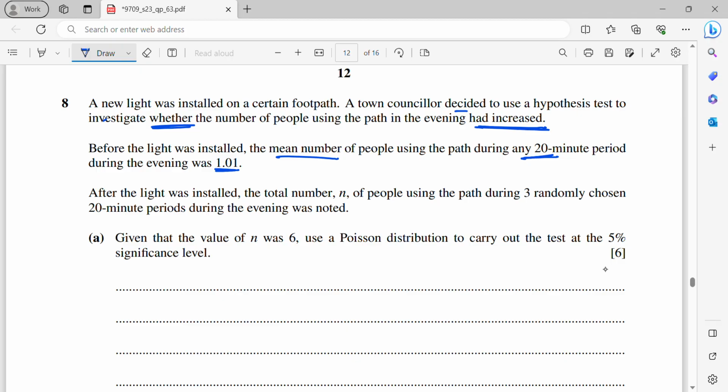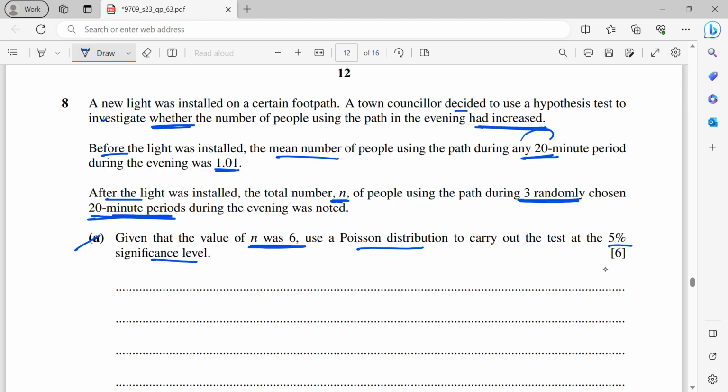After the light was installed, the total number n of people using the path during 3 randomly chosen 20 minute periods during the evening was noted. A. Given that n was 6, use a Poisson distribution to carry out the test at the 5% significance level.